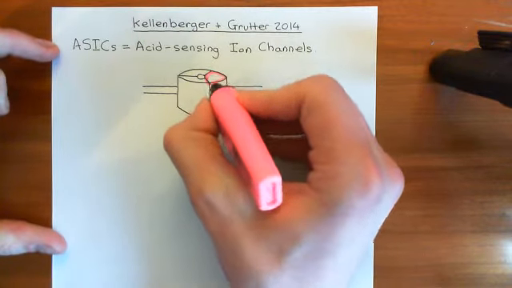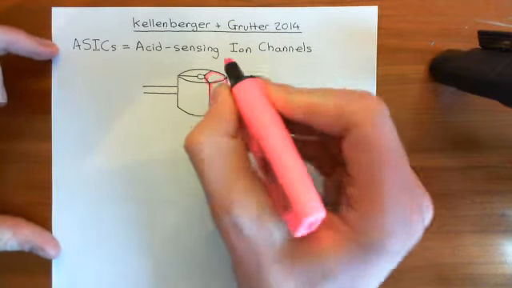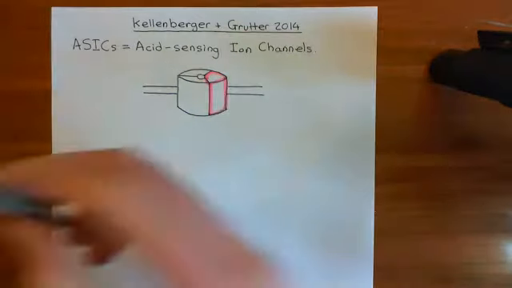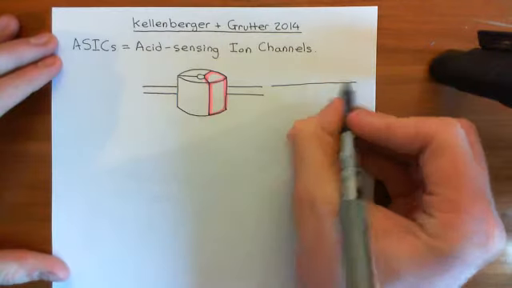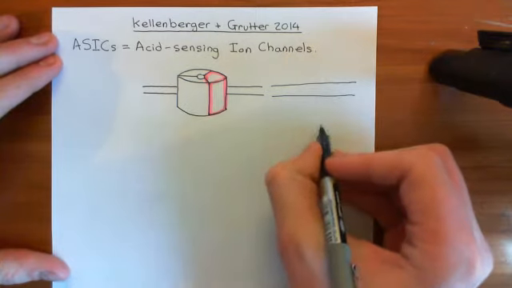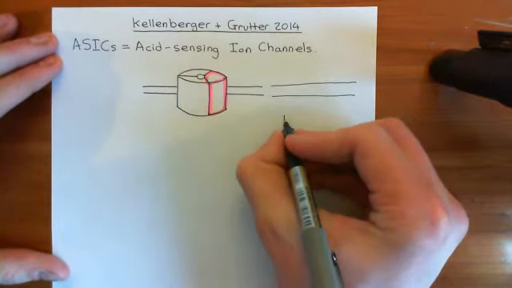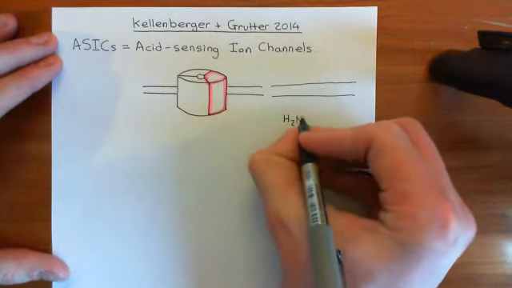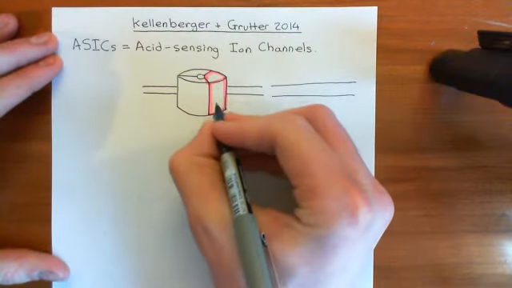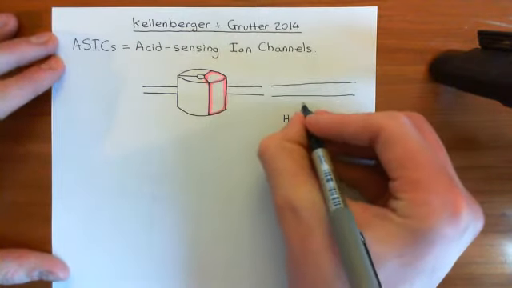Now, the same protocol then as for the P2X receptors, what we'll do is we'll take out a single one of these subunits of the acid-sensing ion channel and have a look at its membrane-spanning topology. Once again, the top will be the extracellular fluid and the bottom will be the cytoplasm. So you have the amino terminus of these proteins within the cytoplasm.